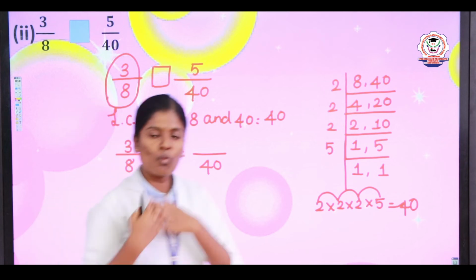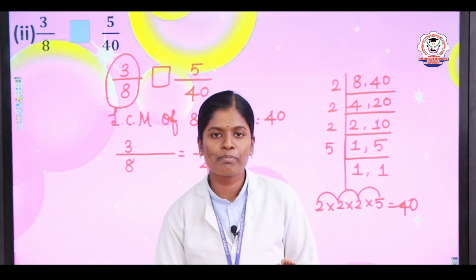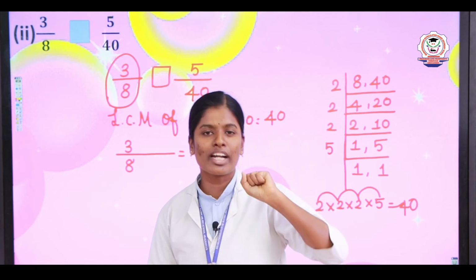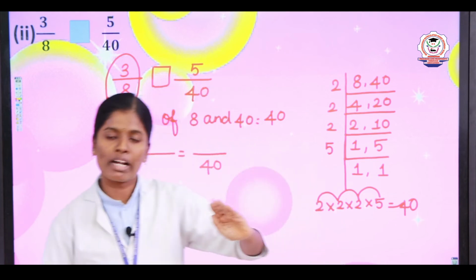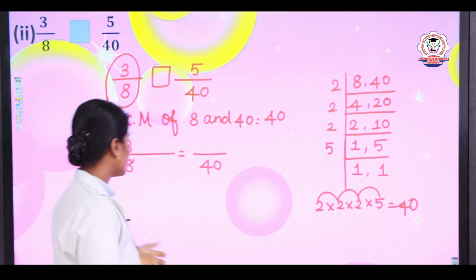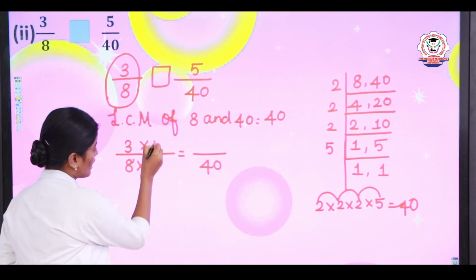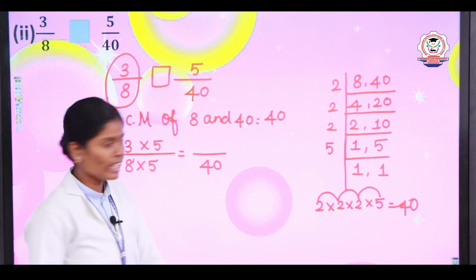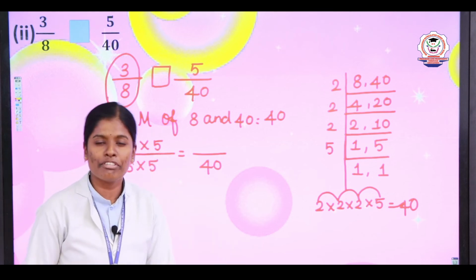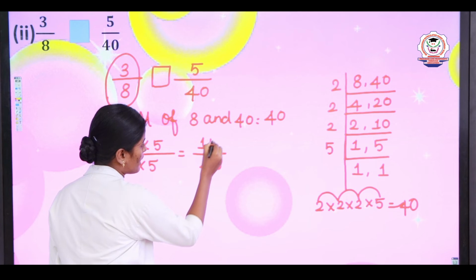Now tell me Kitana, what number should be multiplied by 8 to get the product as 40? Yes, very good. That is 5. So here you should multiply both numerator and denominator by the same number. Take 5 and 5. 8 5s are 40, then 3 5s are 15.